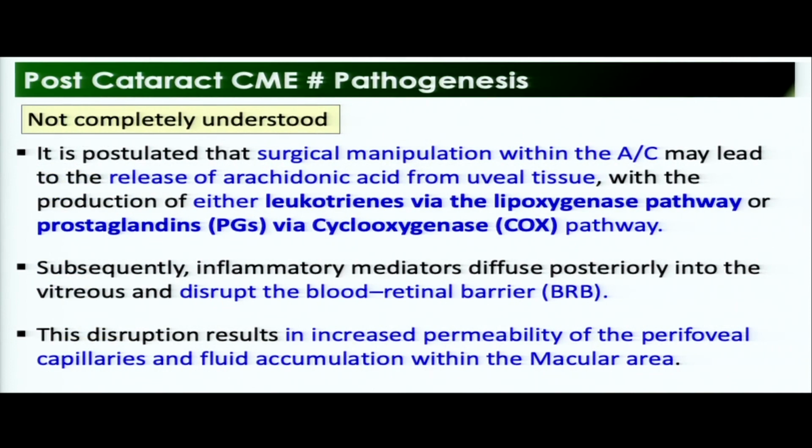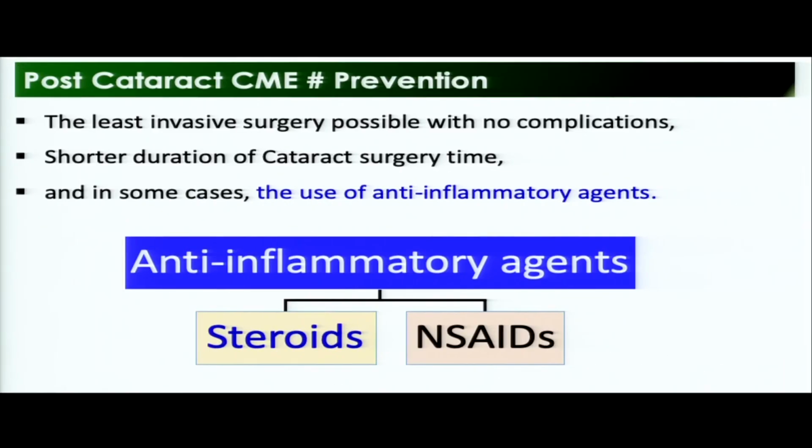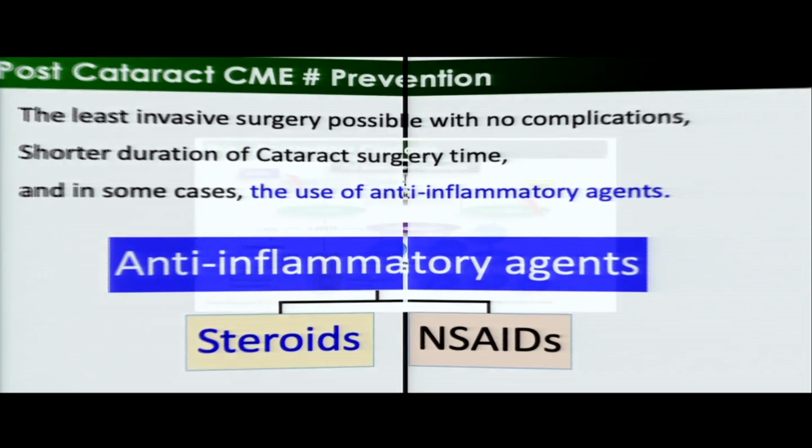Again, the pathogenesis is not completely understood, but there are two pathways. One is the lipoxygenase pathway, another one is the cyclooxygenase pathway, COX pathway. And again, the disruption of the blood retinal barrier is important, and there are perifoveal capillaries and fluid accumulation. So there are two agents when we treat post-cataract patients. One is steroid, another is NSAID.